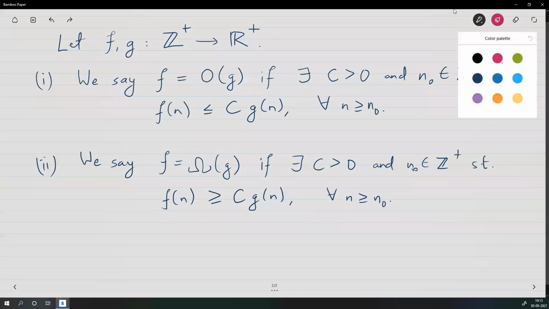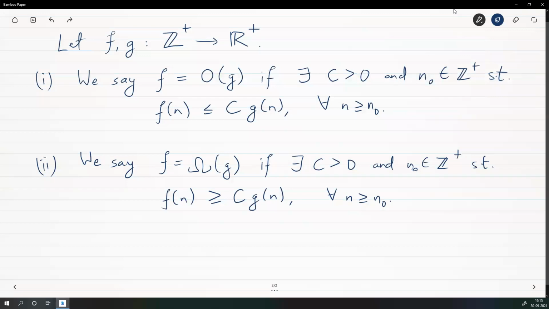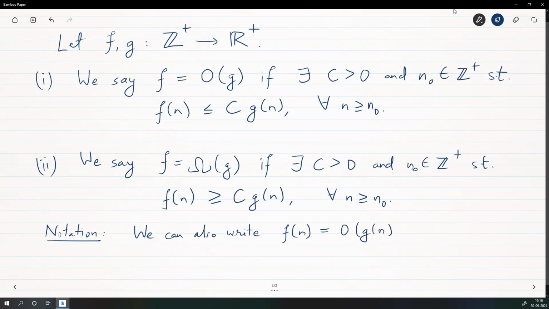And the next important thing is once we have this notation, we will actually sort of relax our notation. So notation, we can also write these as f of n is big O g of n, or f of n is big omega g of n.